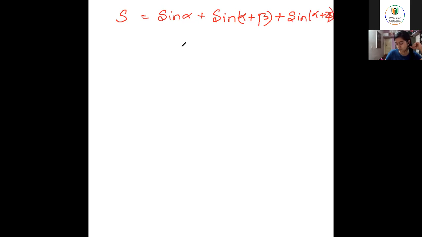So if you can see, the angles are in AP, right? Angles are in AP. So if I just name this series S, then S is equal to sine alpha plus sine alpha plus beta plus sine alpha plus 2 beta.